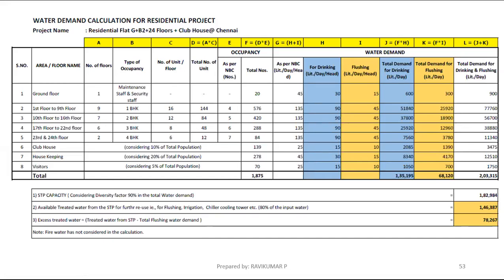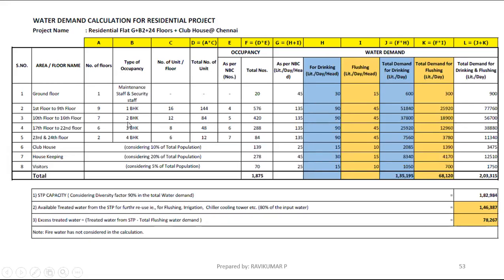To get the total number of units, you multiply the 7 floors by the units on each floor. You will get 84 units. The total number of units is 84 from the 10th floor to the 16th floor.